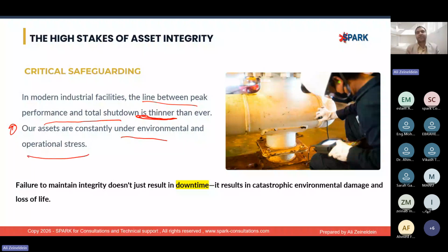This means that working at high performance without considering the shutdown reasons, which may be due to different threats, as we will explain in the upcoming slides, will expose our equipment to forced shutdown or emergency shutdown.